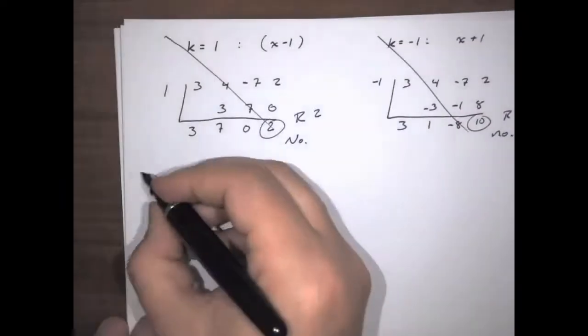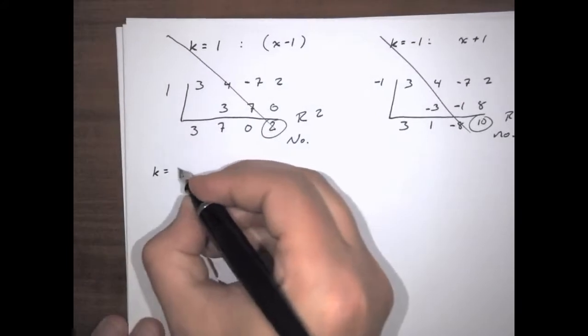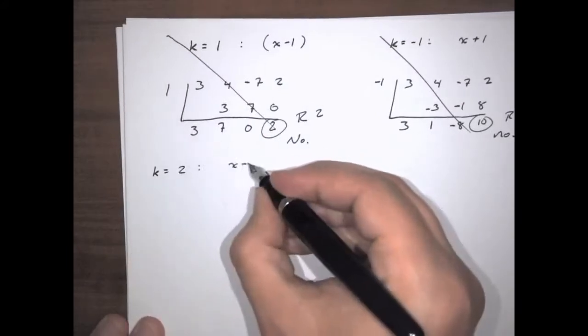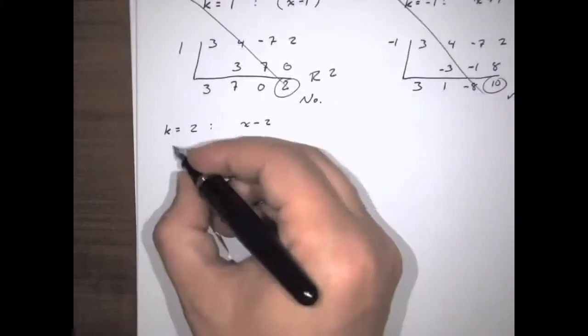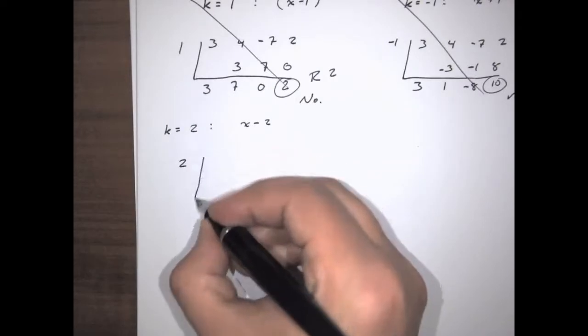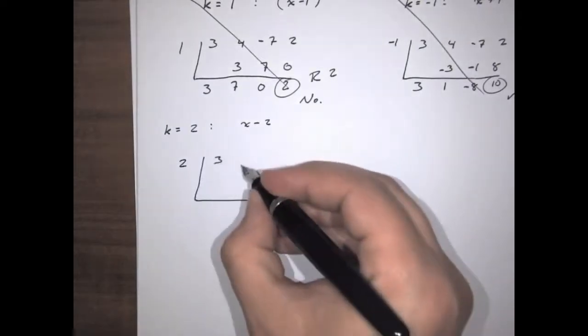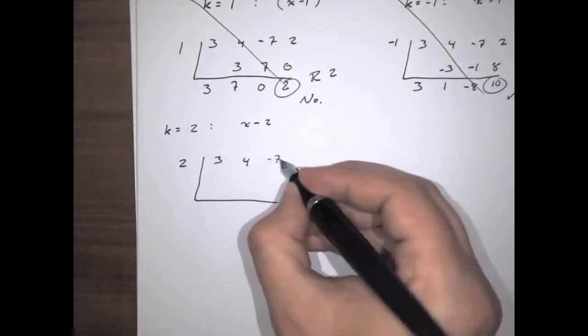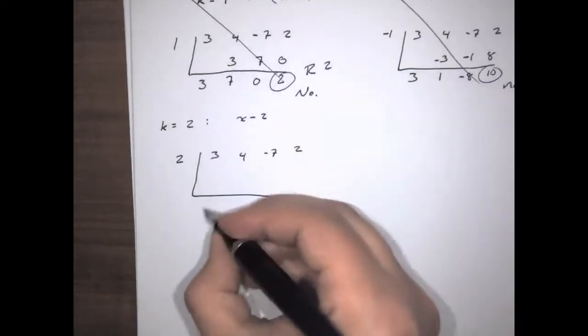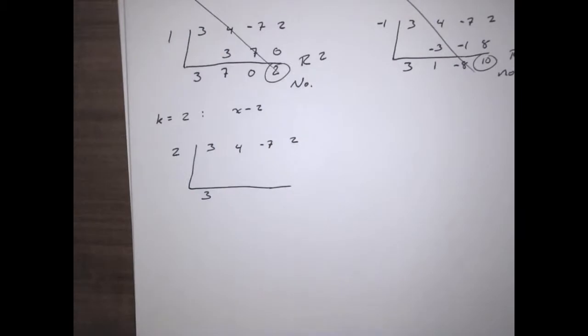Okay. Let's try k equals 2, which means a factor of x minus 2. So then we're going to have 2, and we're going to have 3, 4, -7, and 2. And down comes the first one for the first term.